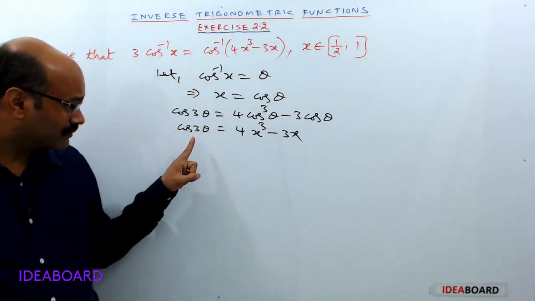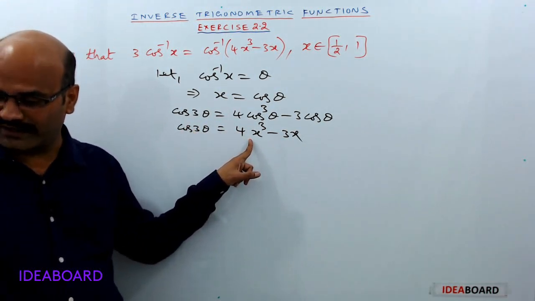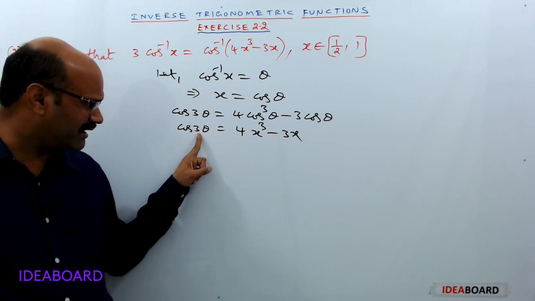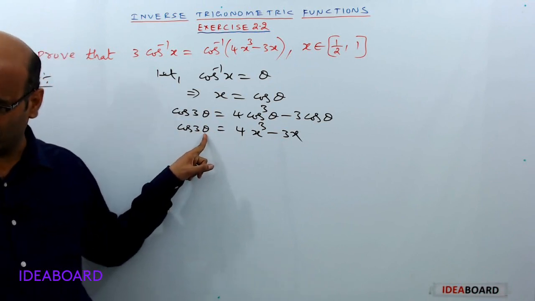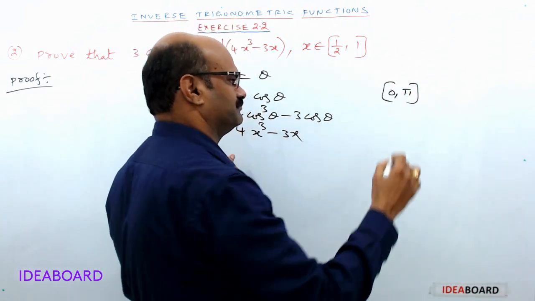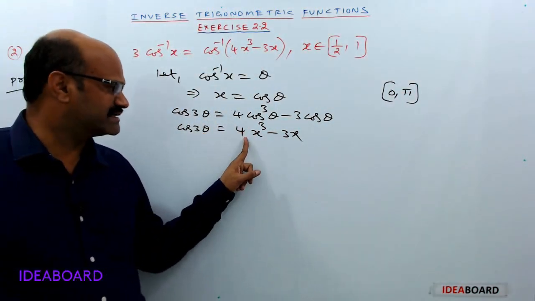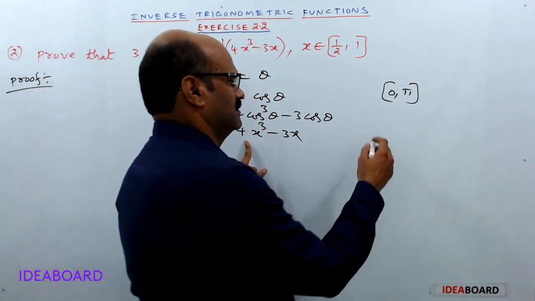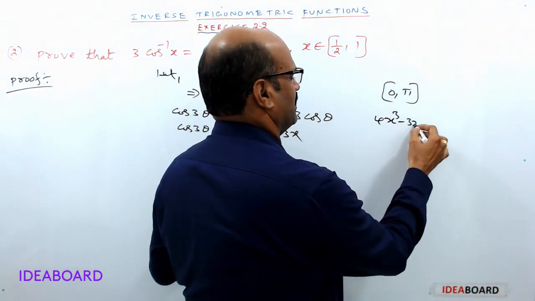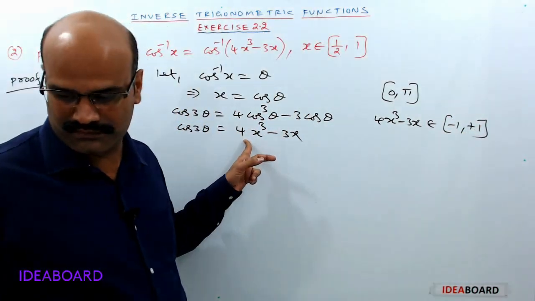Now to get the inverse of this function, we have to verify whether 3 theta lies in the interval 0 to pi or not. And we have to verify whether 4x cube minus 3x belongs to the closed interval minus 1 to plus 1 or not.